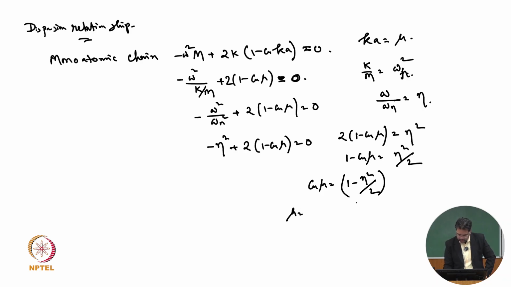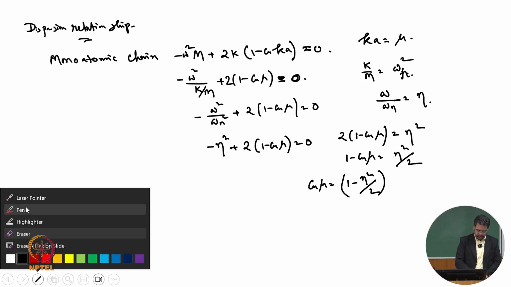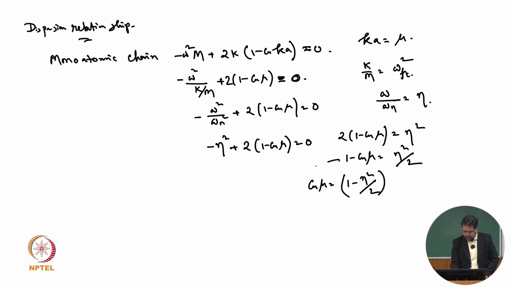Okay, can I write it this way? Or it can also be written in another way. What is cos 2 theta? 1 minus 2 sin square theta.